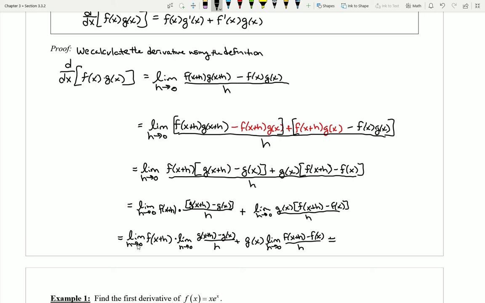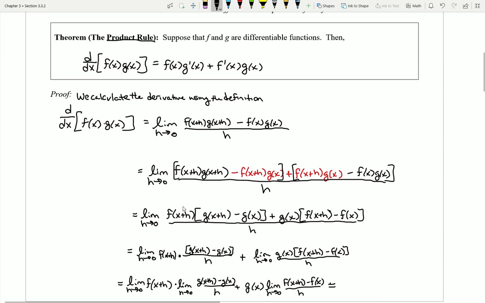Notice here that if h is headed to 0, then this is really going to look like f of x plus 0. Notice that I'm essentially moving my limit past the f function to the inside. And I know I can do that because the function f is continuous. Wait a minute, how do I know that my function f is continuous?